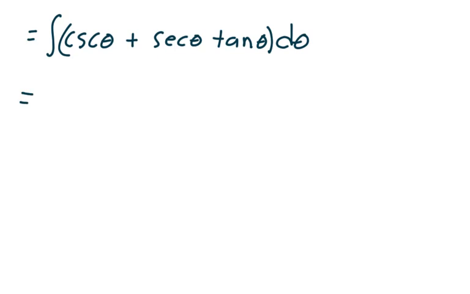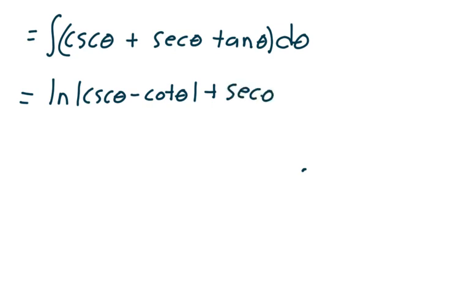And so the integral is natural log. I claim the integral of cosecant theta d theta is natural log of cosecant theta minus cotangent theta, and this is in absolute values. All right? The integral of secant theta tangent theta d theta is secant theta. And then we're going to add c.